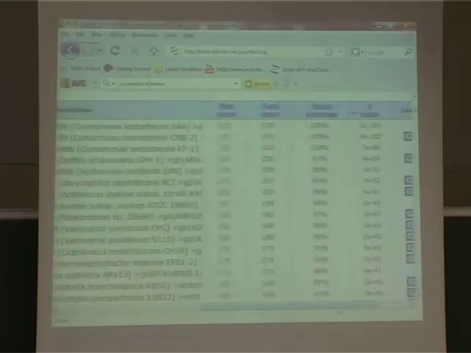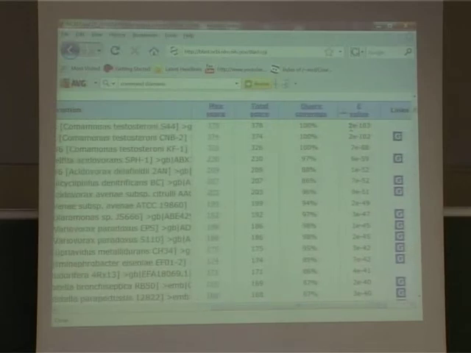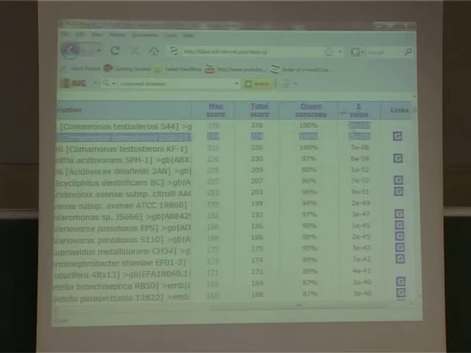And if you look at the e-values, these are really, really small numbers. 2 times 10 to the minus 103 means 102 zeros after the decimal point and then 2. It's a very, very, very small number. It means that an extremely small number of proteins could have gotten this score by chance.